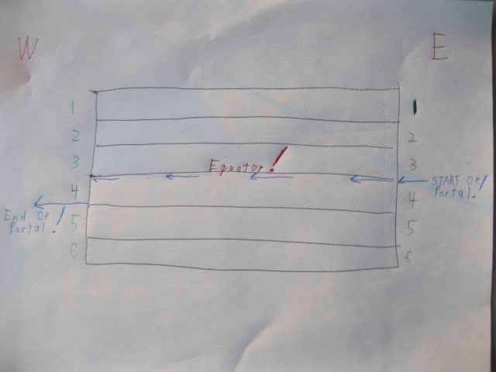The sun moves up and down this grid of 6 portals, and when it gets to the top, or the bottom, depending on where you are, that is either the longest or shortest day.